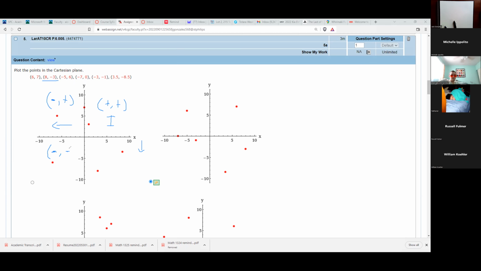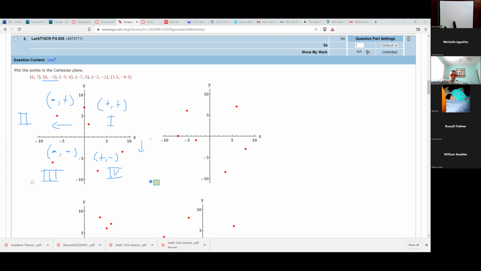This is quadrant 2. This is quadrant 3. Over here, x is positive, but we're below the x-axis, so the y is negative. So this would be plus, minus, okay? Quadrant 4.